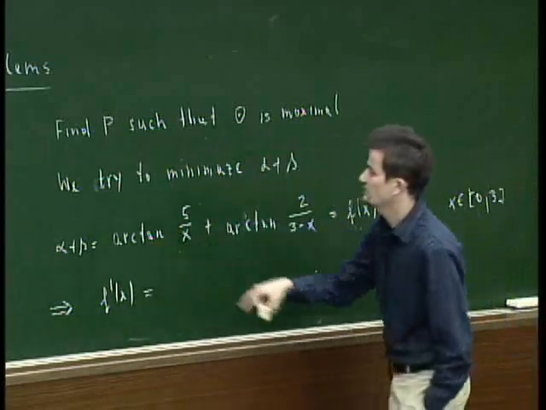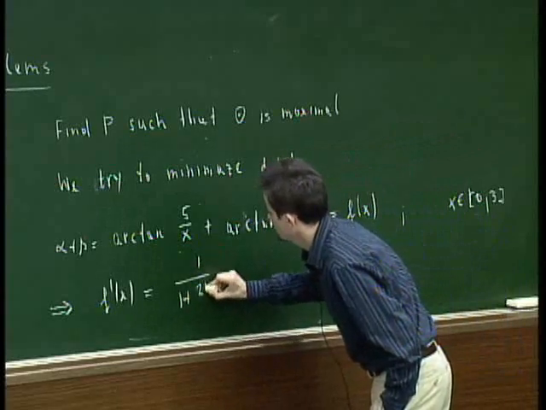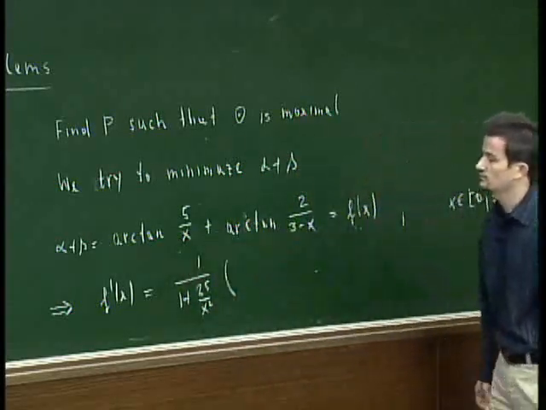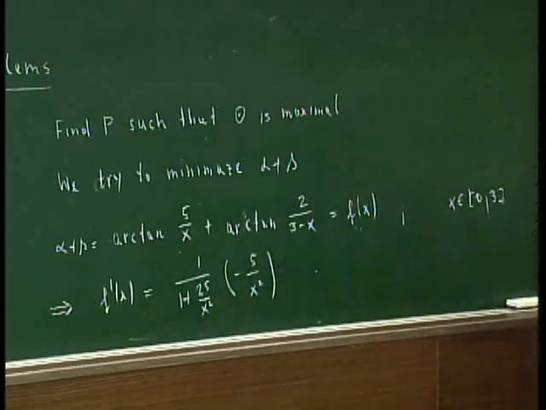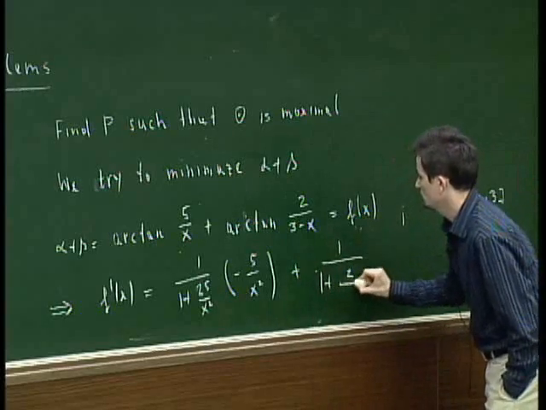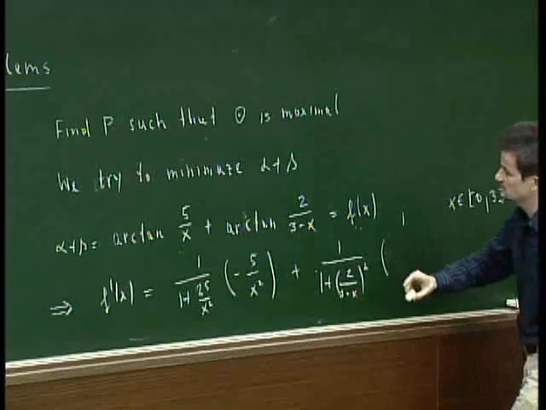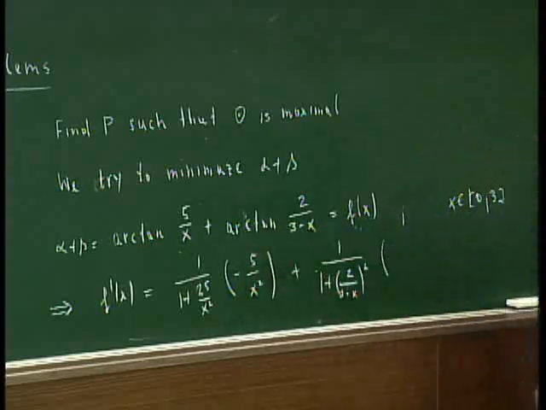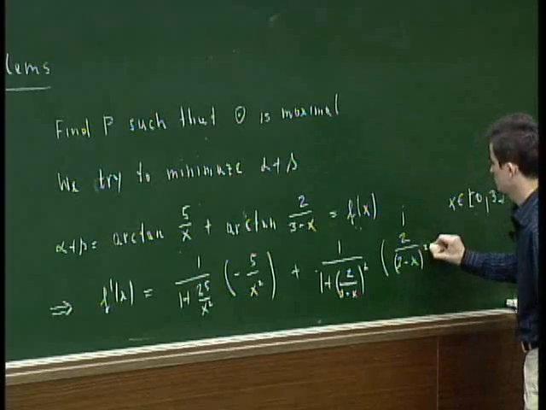The derivative of the arctangent, as we know, is 1 over 1 plus 25 over x squared times the derivative of the inner function, plus the same here: 1 over 1 plus 2 over 3 minus x squared times the derivative of the inner function. Actually we have a minus, but because of the other minus, it will be plus. So we have 2 over 3 minus x squared.